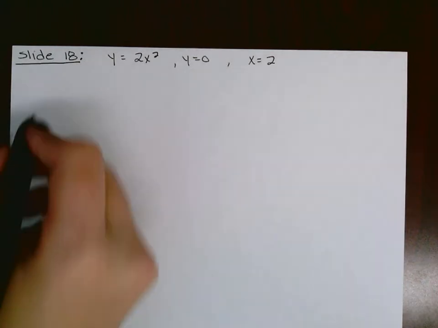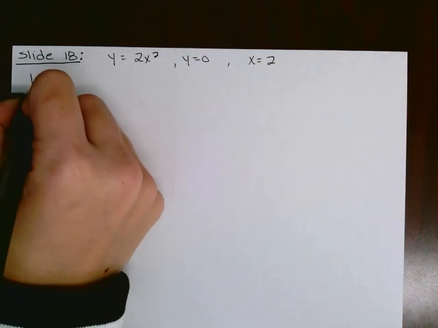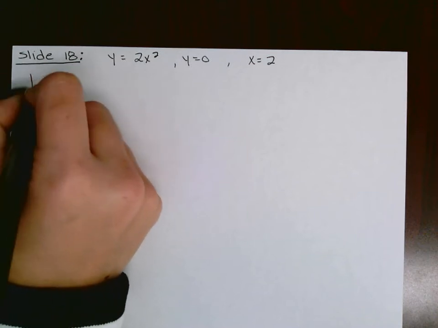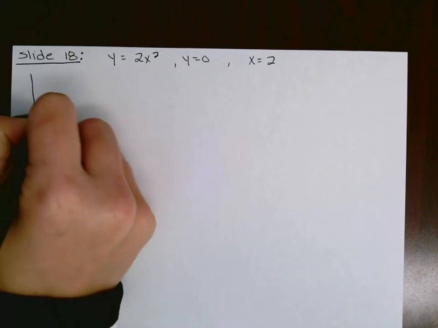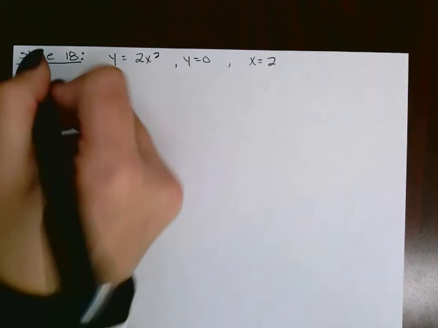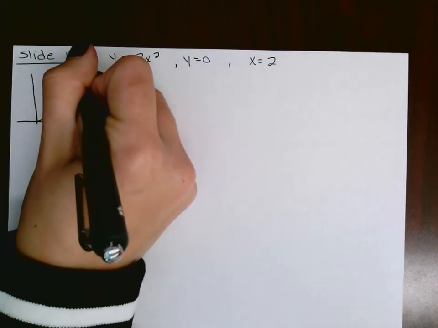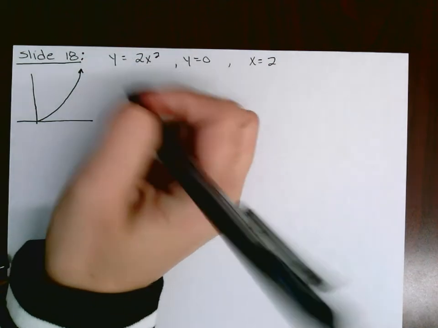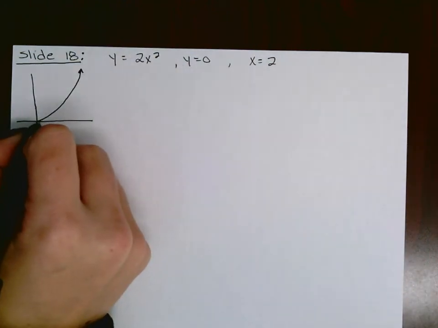So let's start off by drawing that. There's 4 different questions. I'll do one at a time. Okay. So 2x squared does create that parabola. And then they say y equals 0, which is the x-axis.